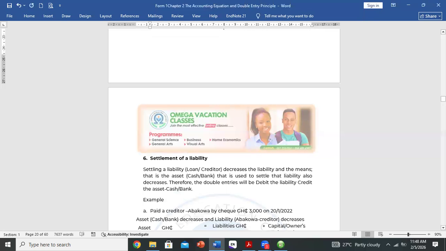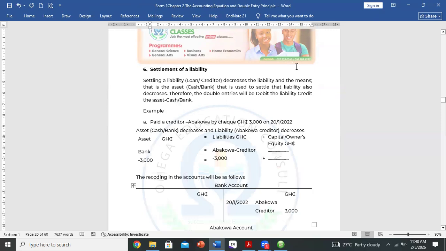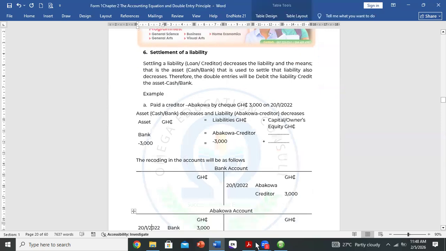So who is doing the reading for me today? Who is doing the reading for me today? Settlement of a liability. Yes. One of you should do the reading, please.